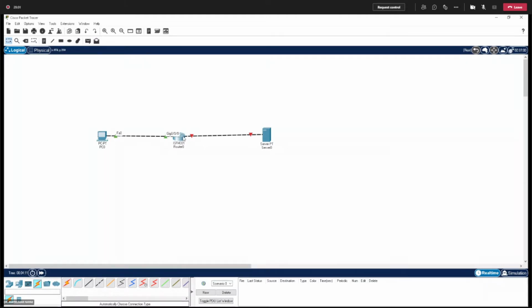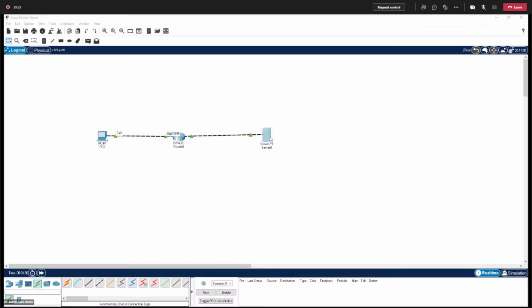Now right interface of router 0, the IP address is 200.0.0.1. I will put the label, so that it will be clear to you.